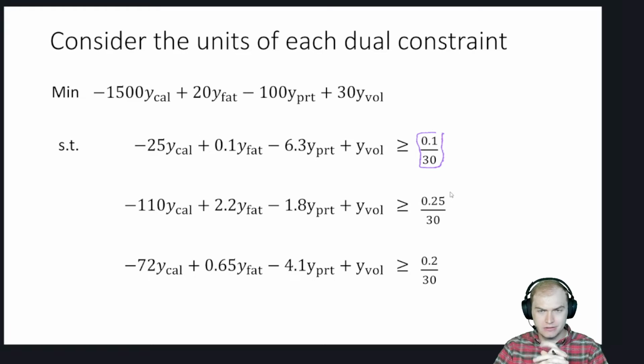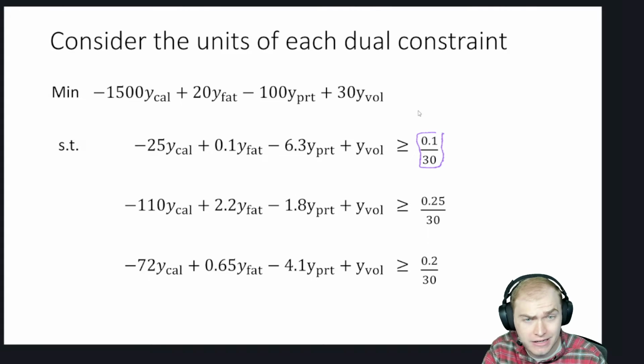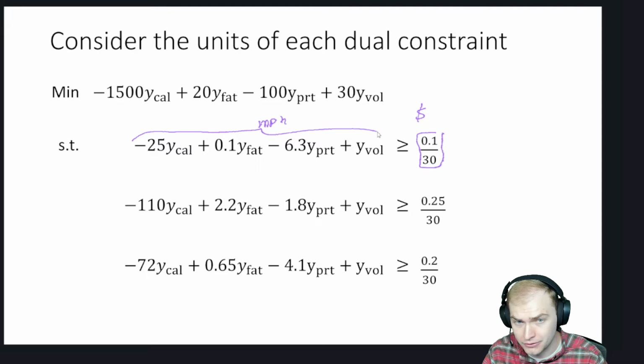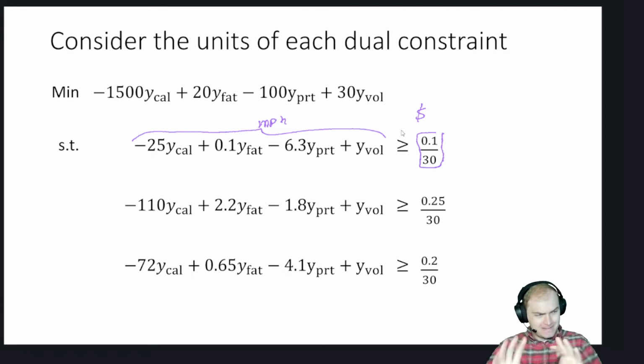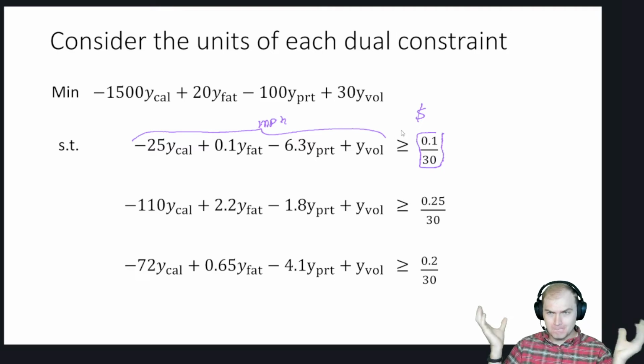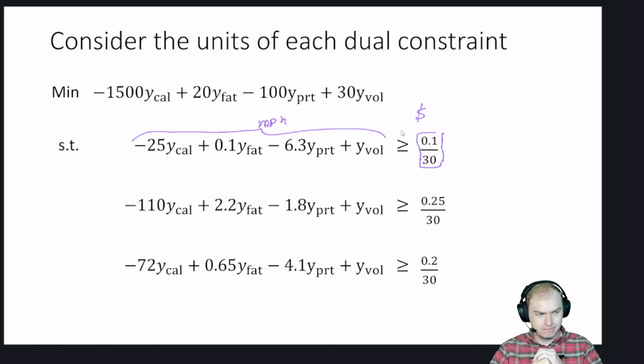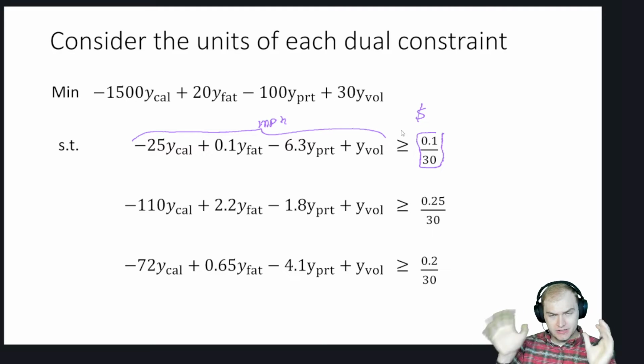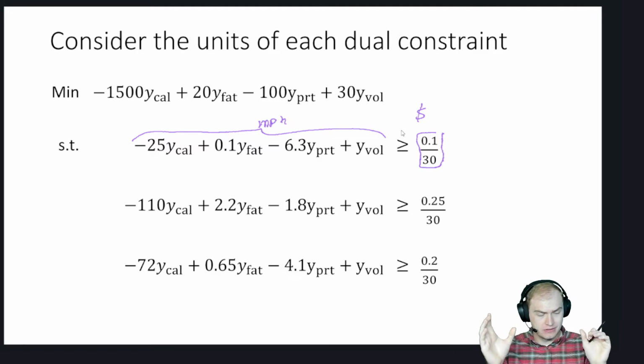We can't compare two things unless they're in the same unit. Suppose, and this is not the case for this problem, that one side was in dollars and the other was in miles per hour. When we evaluated the whole thing, that constraint wouldn't mean anything. So each side has to be the same unit.